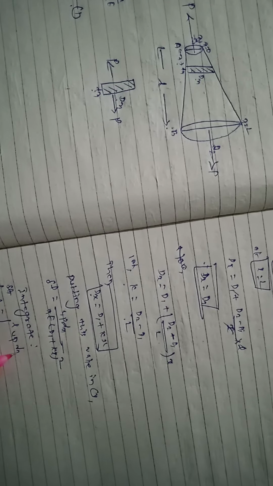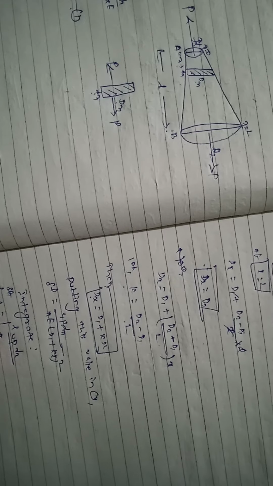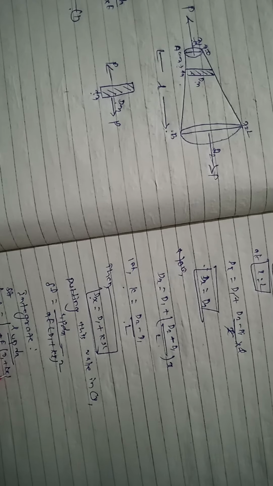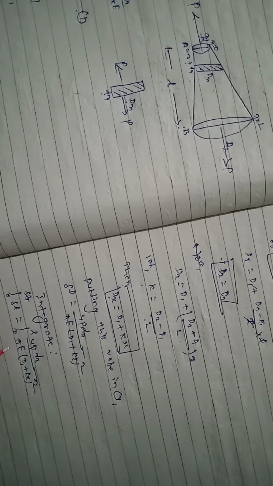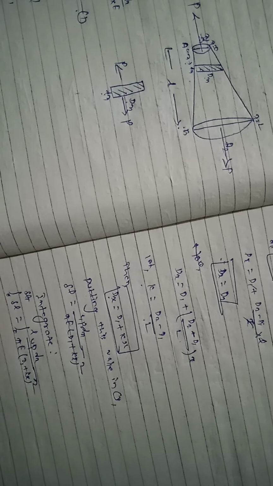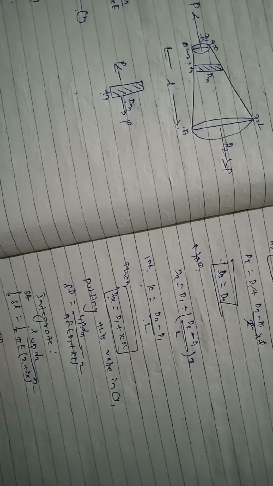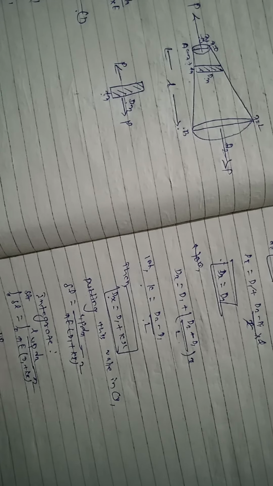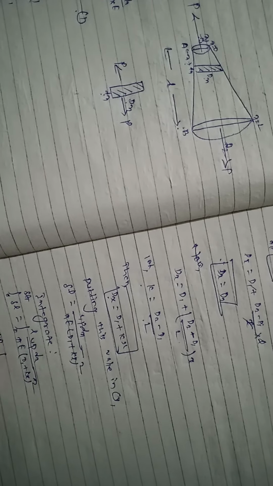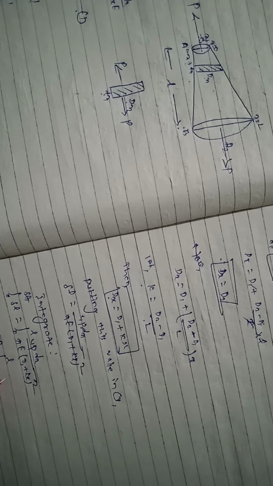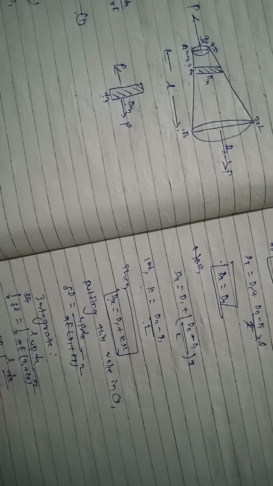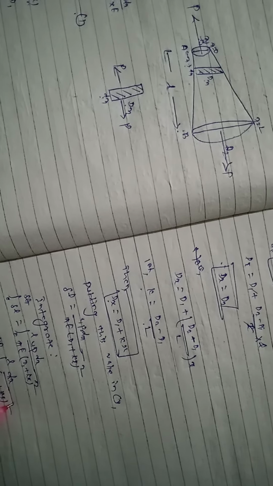Then 4p dx upon pi e into d1 plus kx all square. Let's see what we will get. We'll get this L after integrating this. Now 4p upon pi e is constant, so this value will be written on this side, and we have to integrate only this portion: dx upon d1 plus kx square.